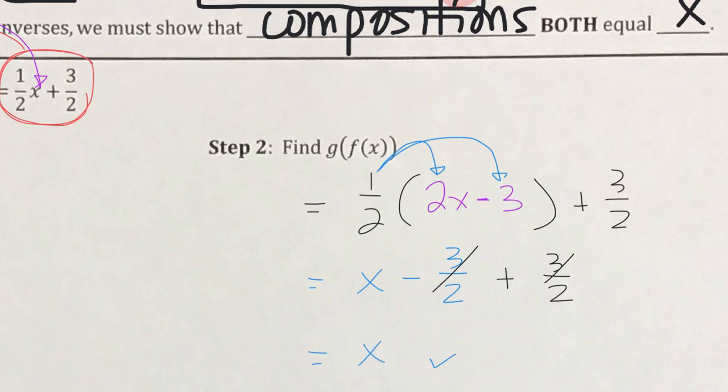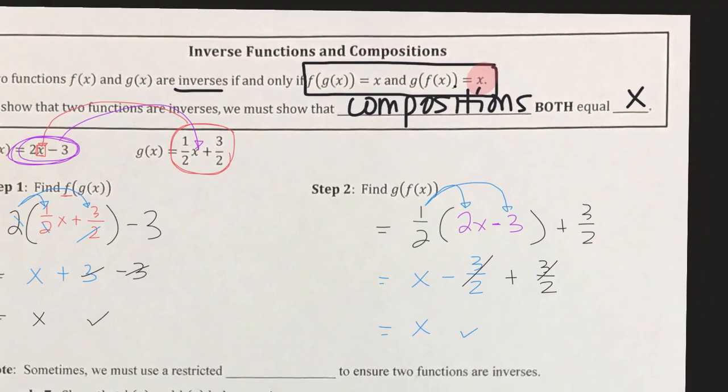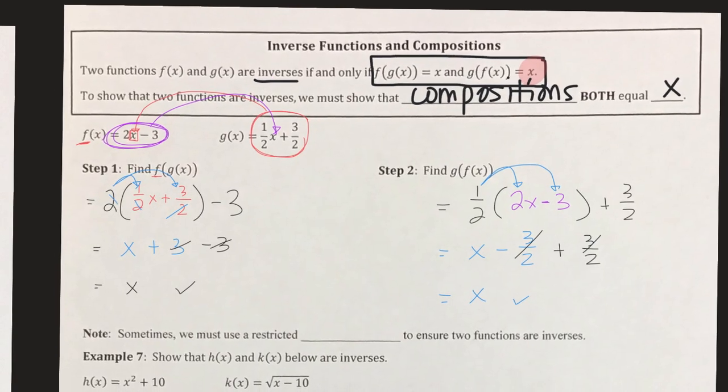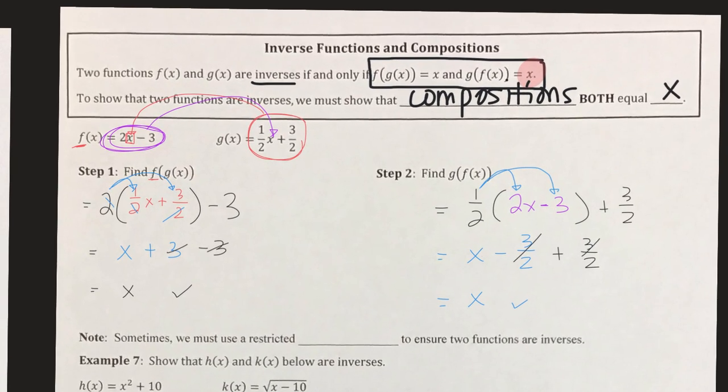So my answer is just x. So if my functions are inverses of each other, that's exactly what you would expect to happen. Okay? So note, sometimes we use a restricted domain to ensure two functions are inverses of each other. Okay? So I'll be right back.